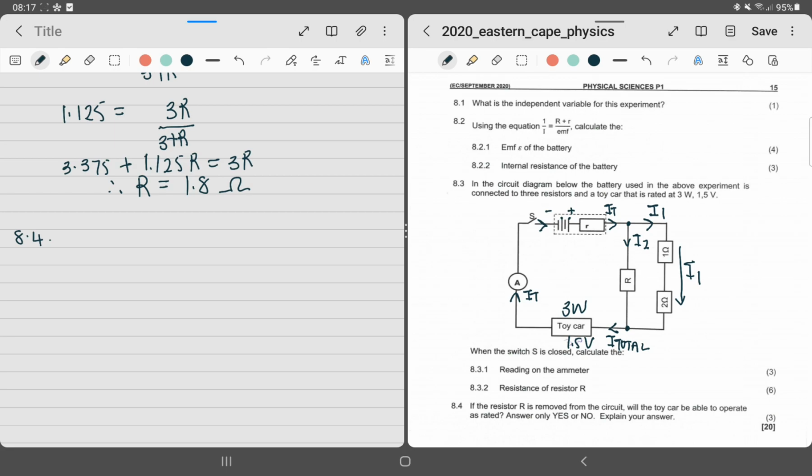So let's take a look at what's happening there. So we are killing that R there. Whenever you remove a resistor from a parallel combination, the effective resistance of the circuit will increase.